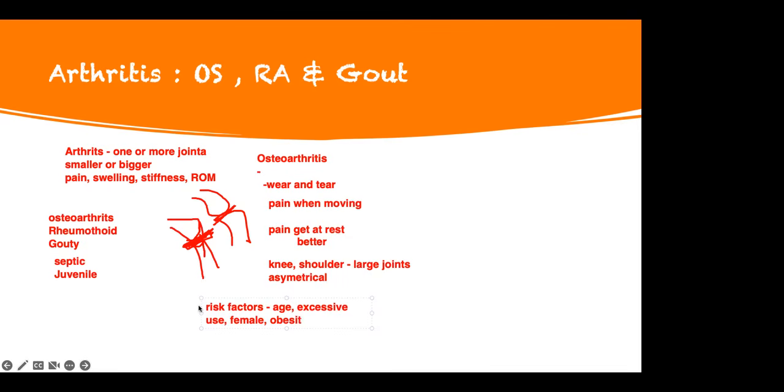And obesity and smoking, these are risk factors for that. You kill all the joint and cartilage and you destroy them, and they have this problem. You have to know that it is asymmetrical, large joint, and pain when you move.